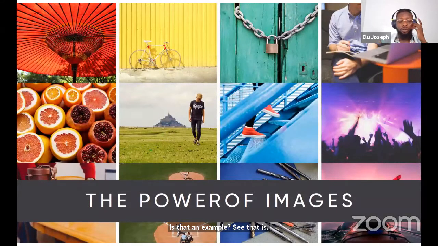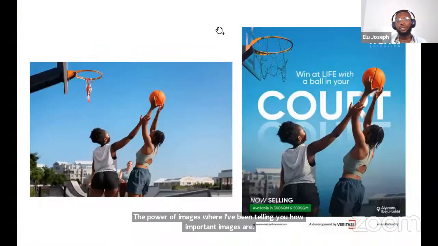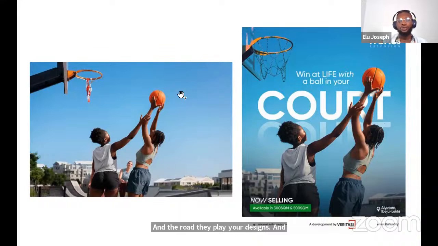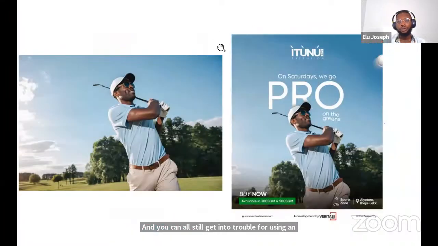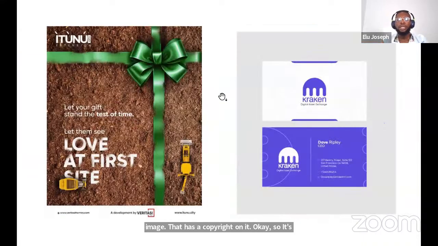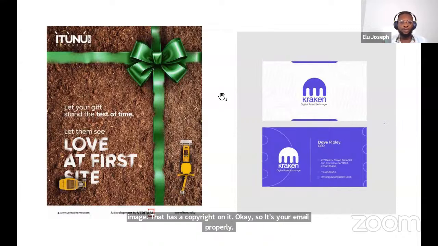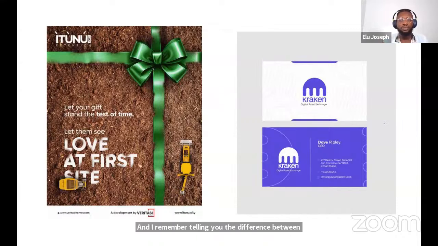Then we moved on to the power of images, where I've been telling you how important images are and the role they play in your designs, and the fact that they can be edited to fit in what you want, and you can also get into trouble for using an image that has a copyright on it. Okay, so edit your image properly. And I remember telling you the difference between raster type of image and vector type of image.